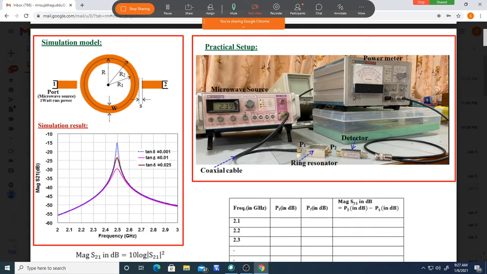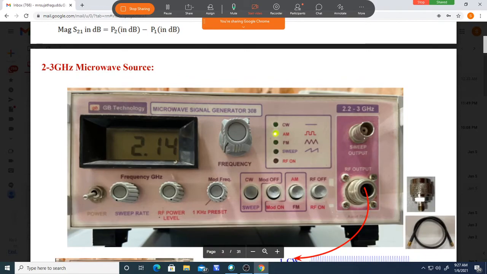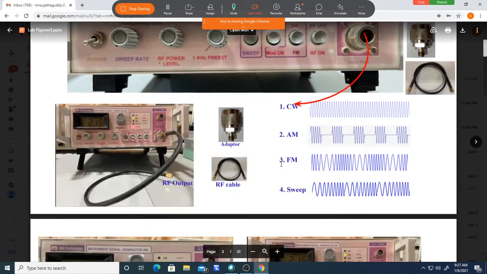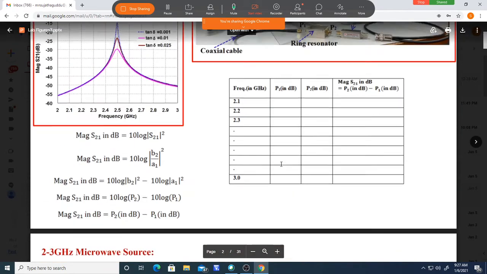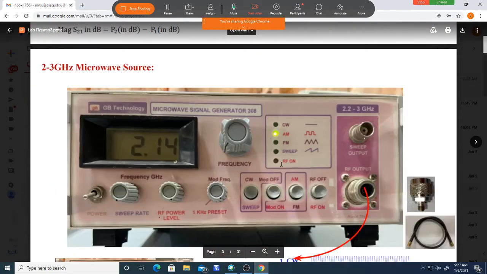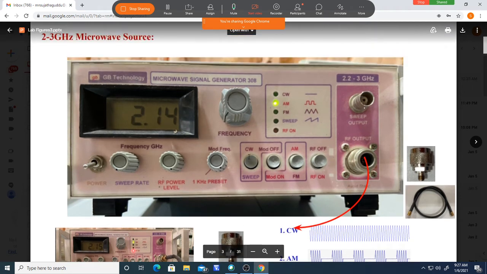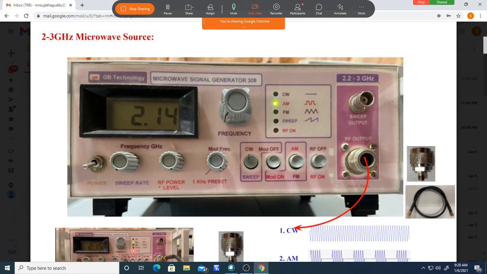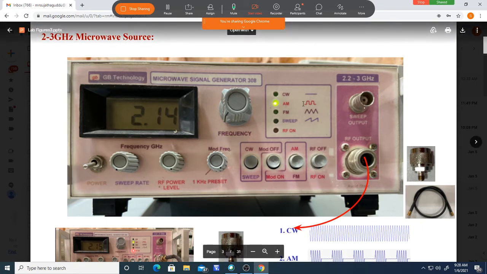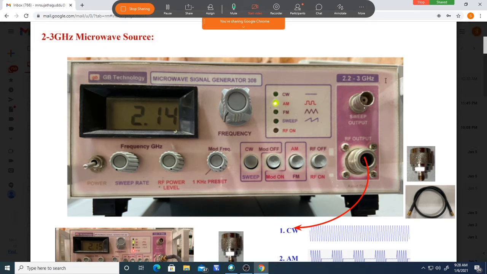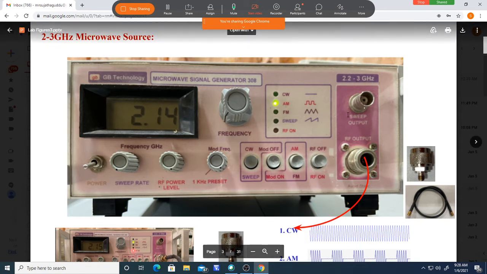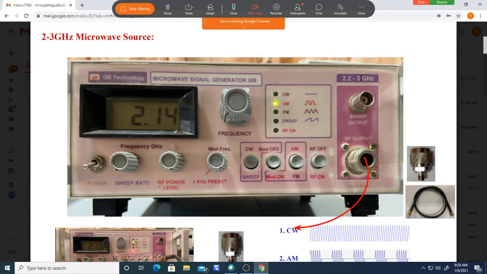This is a source available in our laboratory, and once we come to the laboratory class you can see it. It is a microwave source, and we can vary the frequency from 2.2 to 3 gigahertz.